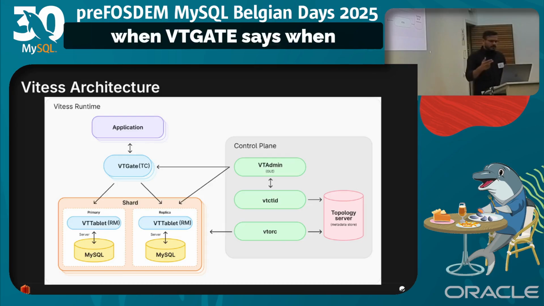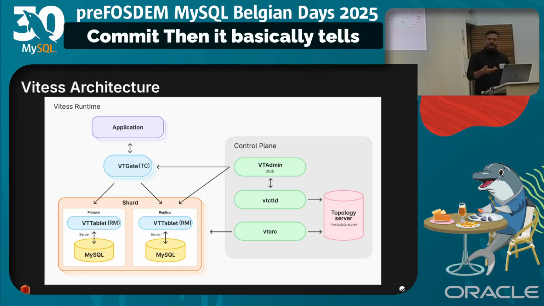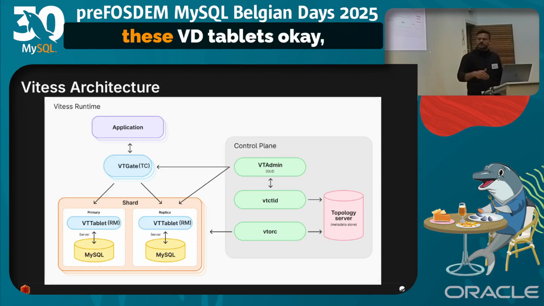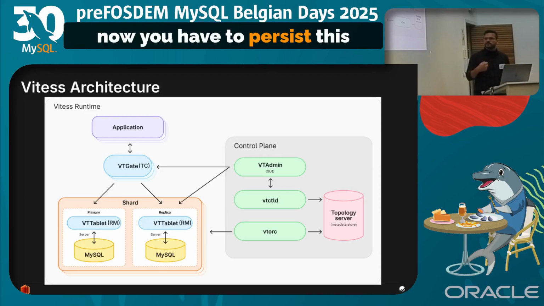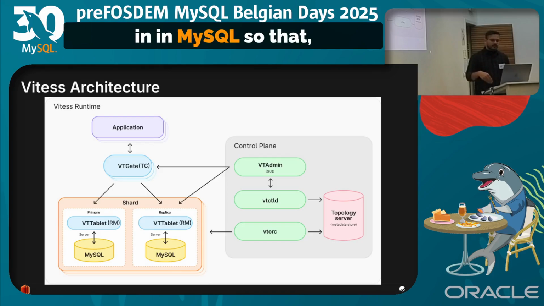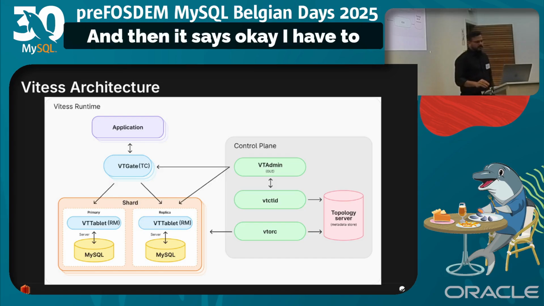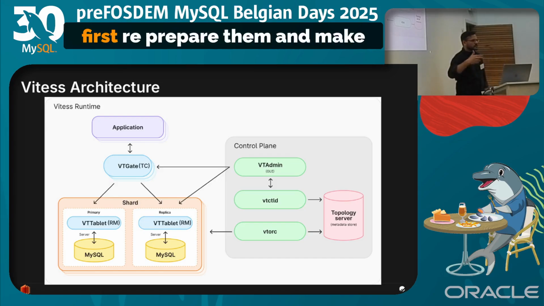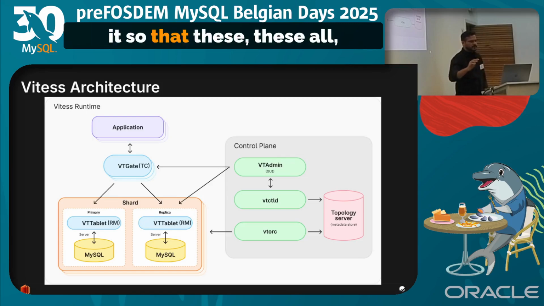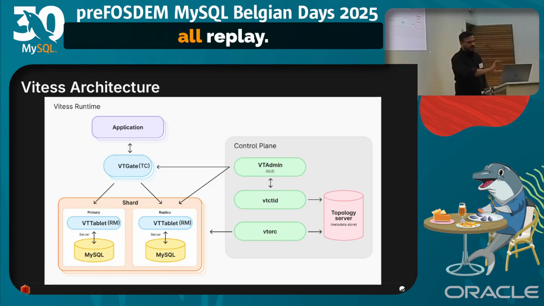And when VTGate receives a commit, then it basically tells these VTTablets, okay, now you have to persist this in MySQL, so that when a crash happens, then when the VTTablet comes up, it looks at what are the transactions which are there in the prepare phase, and then it says, I have to first re-prepare them and make it so that these all replay.